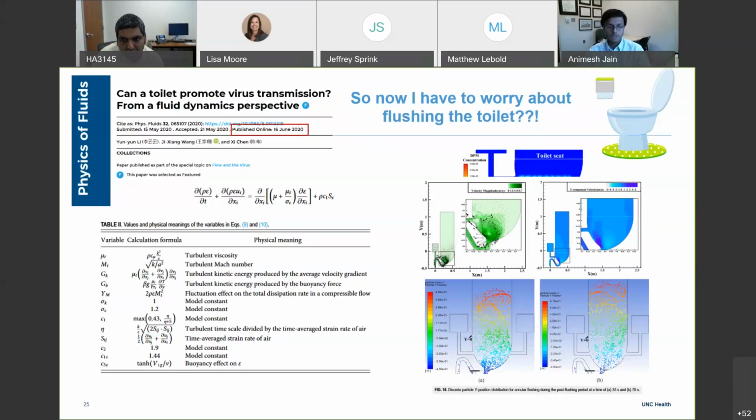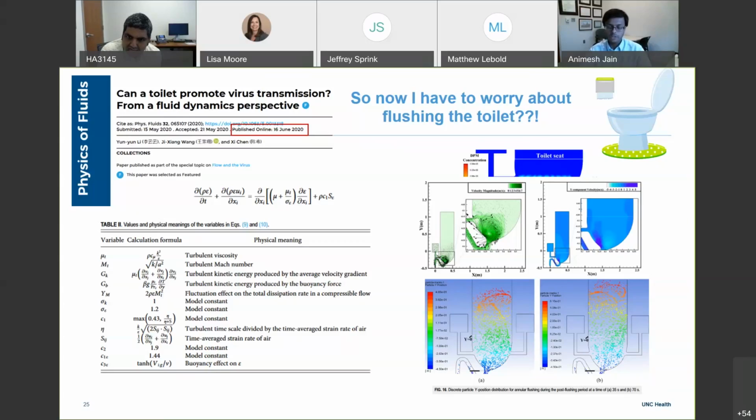And what they came up with through their equations and modeling was this. What's shown on the bottom two graphs, the ones with the rainbow colors, is a little line, and I know this is hard to see, that says Y0 is the top of the toilet bowl. The green, yellow, and orange-red particles that are above that are a model of theoretical viral particles floating up as the toilet is flushed.